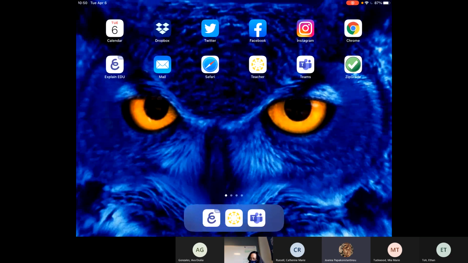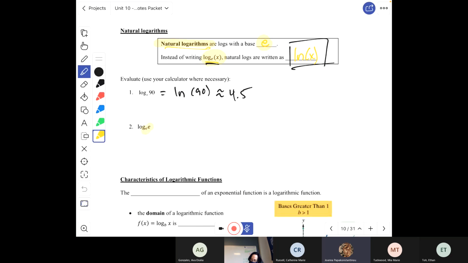The log of the base equals 1. So since these two are the same, it equals just 1. Why? Because e to the first power equals e.